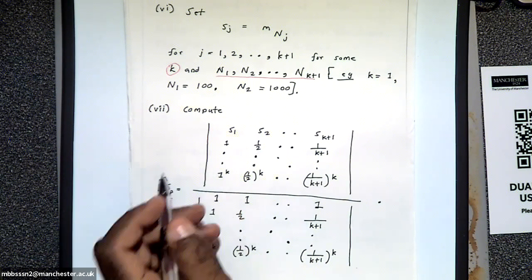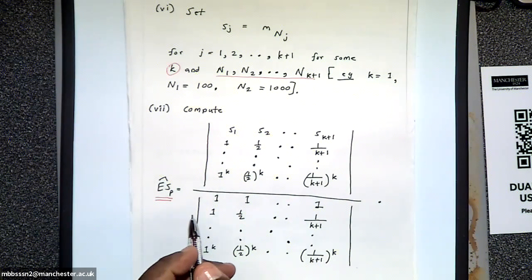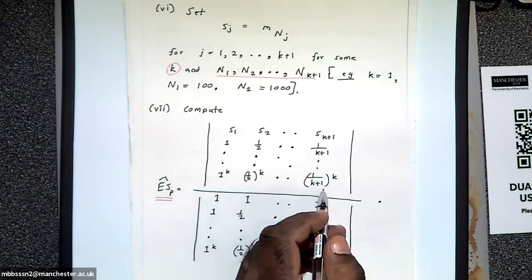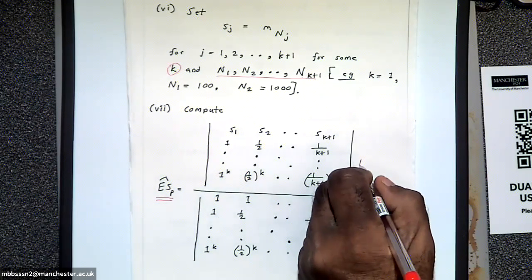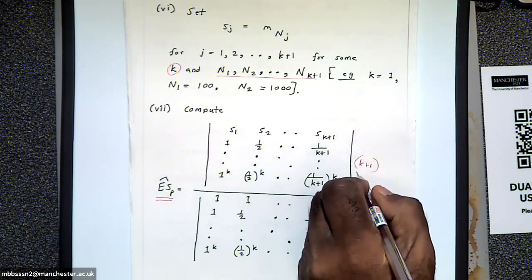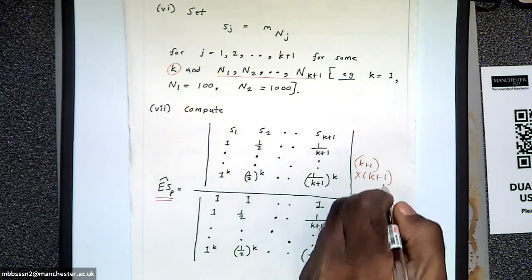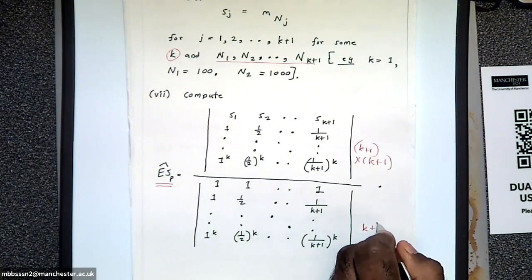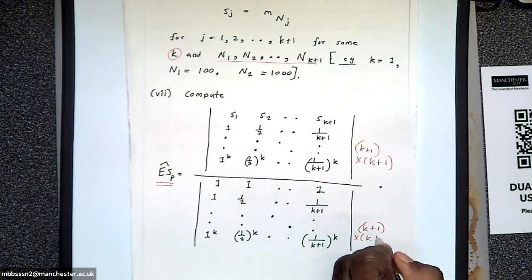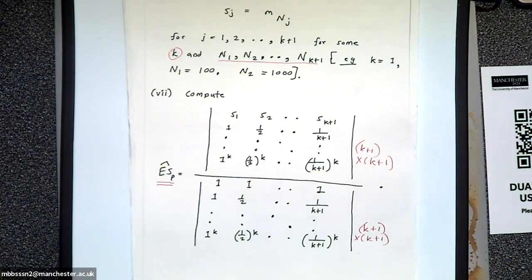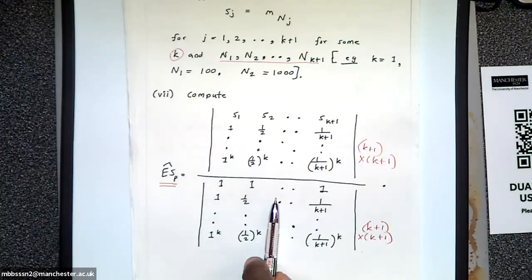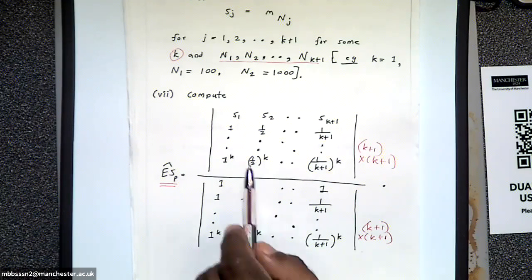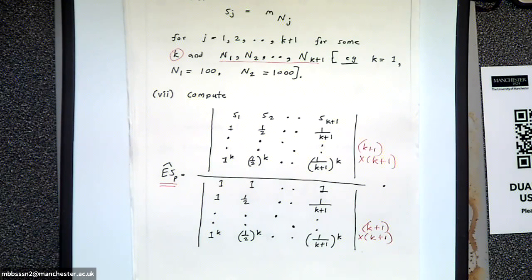This matrix is k plus 1 times k plus 1, and so is this one, in dimensions. For example, if you choose k to be 1, then you will have a 2 by 2 matrix here and a 2 by 2 matrix here. You take the determinant of those matrices and take the ratio.